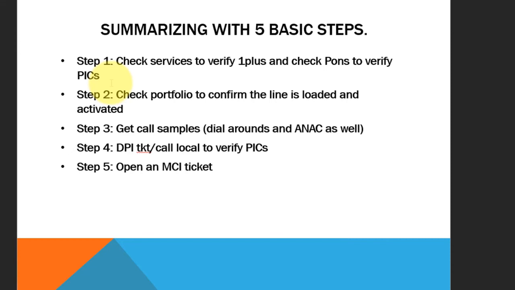Basically, what we're going to have them do is verify PICs, blocks, and verify the call sample. Once we have that, we're just going to open up an MCI ticket. Once we have the MCI ticket open, we're going to get the MCI ticket number and the PIN, throw it in the ticket. And then that should conclude opening up a long distance ticket, getting it to the proper places, and whatnot.